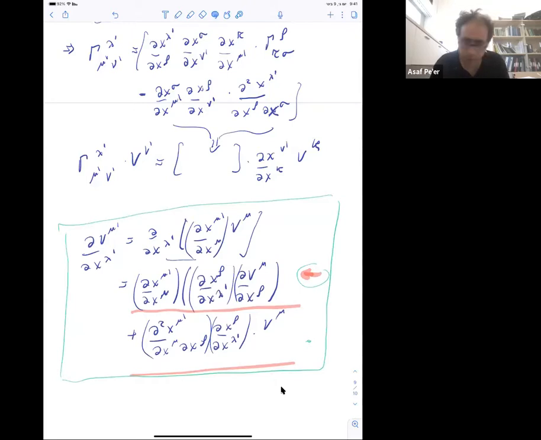And the funny part, of course, which you don't see right away, is that if I'm looking at the last part here, I have a minus dx sigma over dx mu prime, dx rho over dx mu prime, dx mu prime over dx kappa. So that gives me a delta rho kappa.